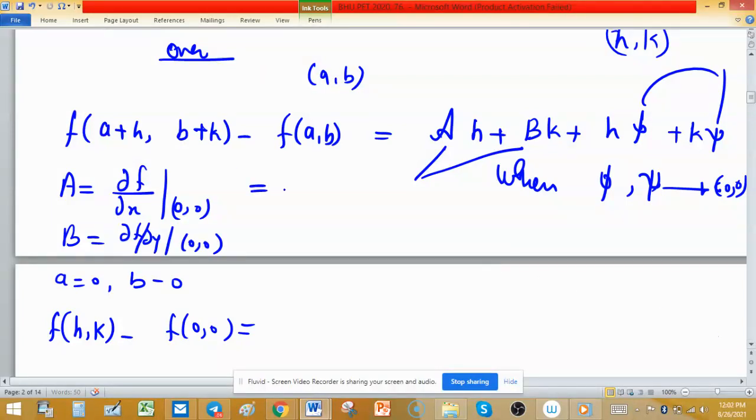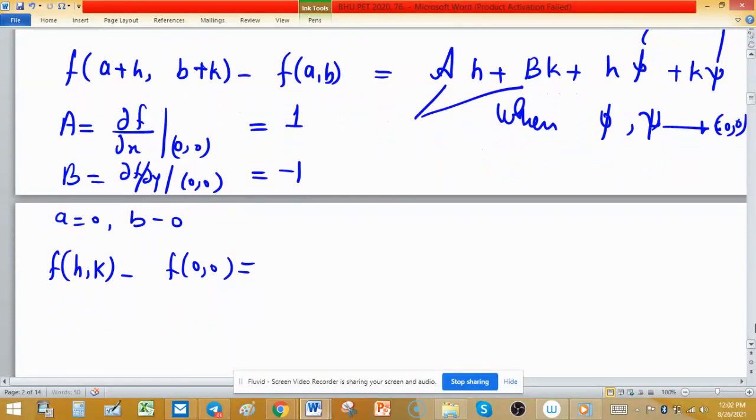So we know that this value is 1 and this value was minus 1. So put these values, so it will be h minus k plus h phi plus k psi.